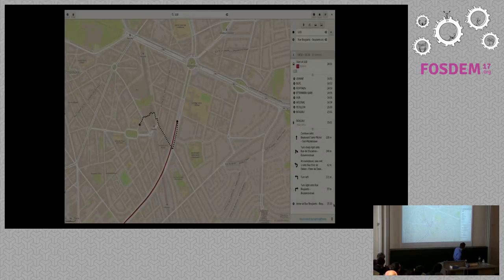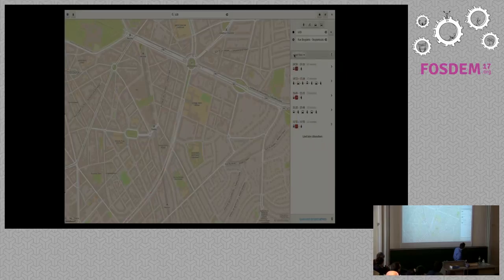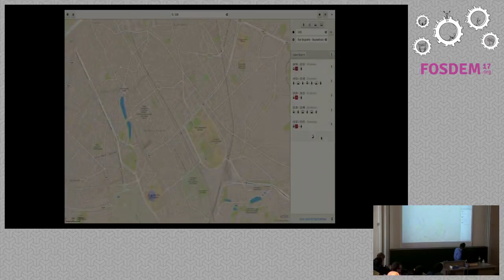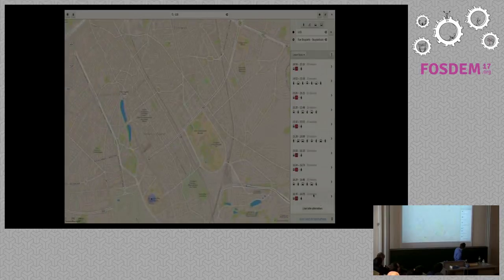Then I can go back. I can choose to sort out ferries. There wouldn't be any ferries there, but in some cities. I can also load later alternatives. Okay, I can go at 16:45. And that's how it works.